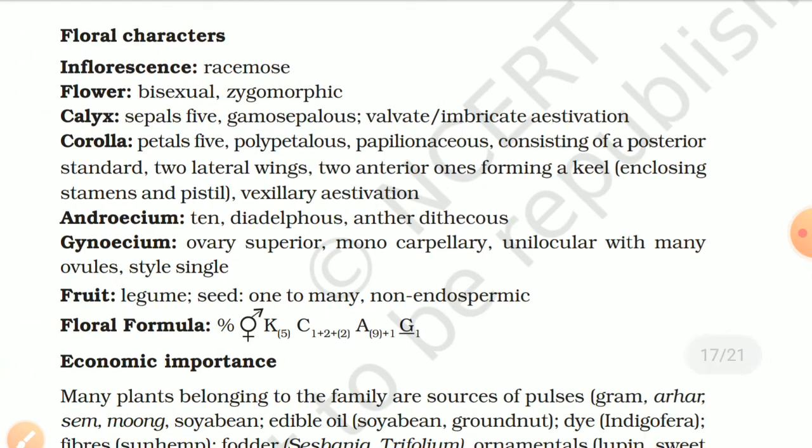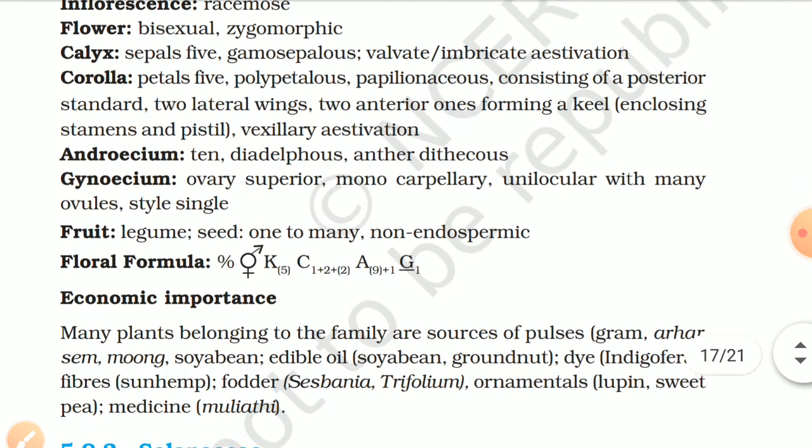Floral characters: inflorescence racemose, flower bisexual, zygomorphic, calyx sepals 5, gamosepalous, valvate or imbricate aestivation. Corolla petals 5, polypetalous, papilionaceous, consisting of a posterior standard, two lateral wings, two anterior forming a keel, enclosing stamens and pistil.